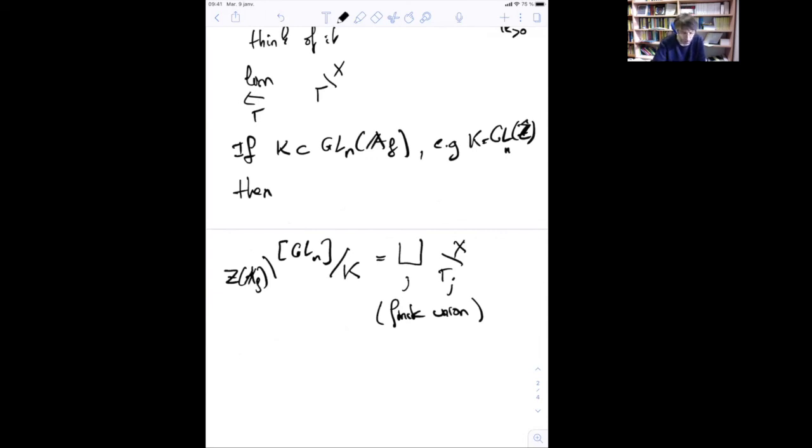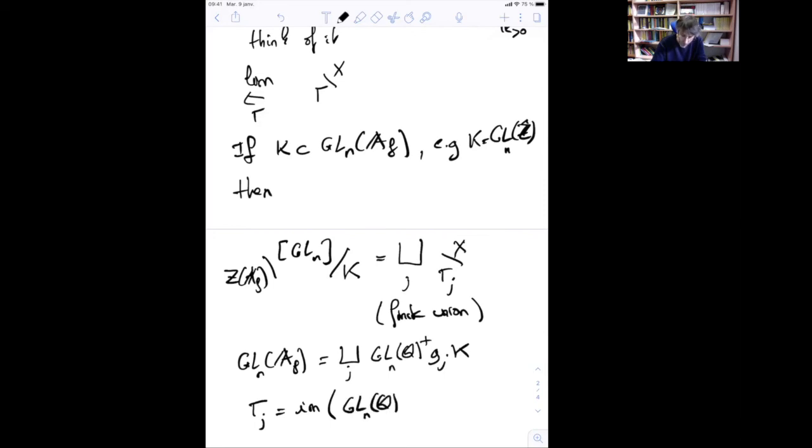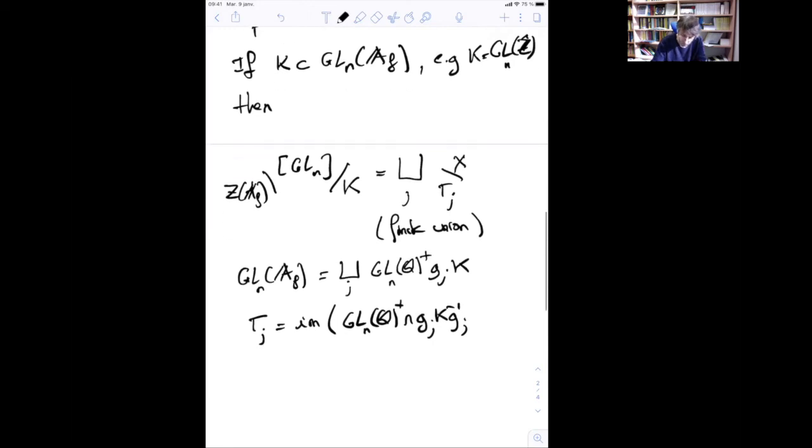In fact, you use the strong approximation theorem to decompose GL_n(A_f) as a disjoint union of GL_n(Q) plus g_j K, where K is our compact open subgroup, and then gamma_j is the image of the intersection of GL_n(Q) plus with the conjugate of K by g_j, and you take the image inside GL_n(R) plus quotiented by the center.